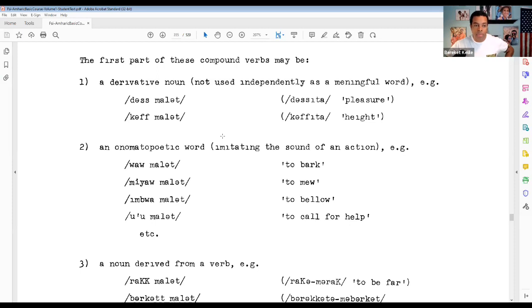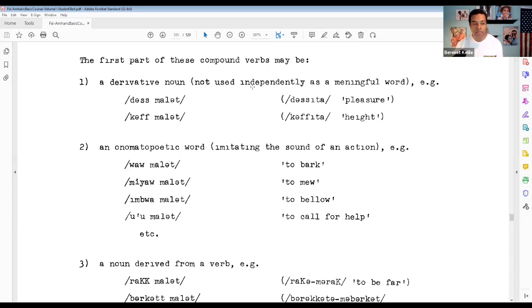type of these compound verbs is what they call an onomatopoeic word, a word that sounds like what it means. In English, we have various forms of those kinds of words. It's tough to come up with an example at the moment, but the way we hear it is the actual word itself. In Amharic, their version of an onomatopoeic word is a little bit different.